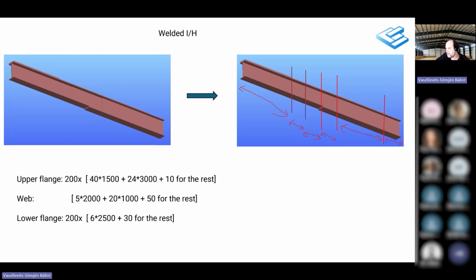So at least in Consteel, and I think also in other software, this could only be done by creating 1, 2, 3, 4, 5, 6 different segments. For each segment, carefully check what is the actual thickness parameter of the upper flange, the web, and the bottom flange. Define the profiles like that.